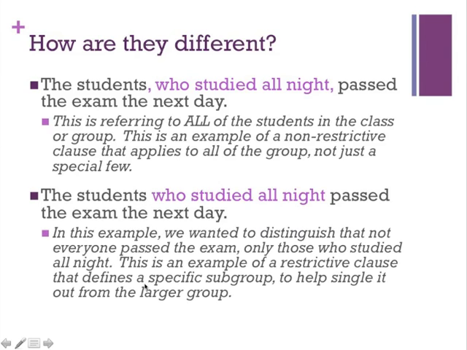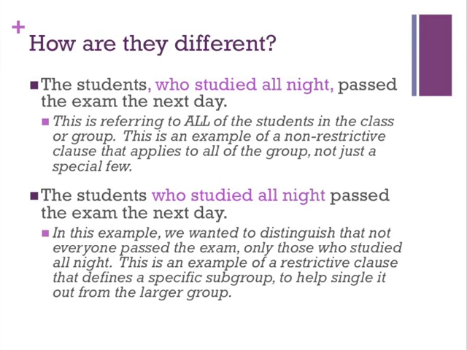So in this case, we want to distinguish this group from other people who did not pass the test. So now we're actually creating two different groups, those who passed, or those who studied all night, and those who probably didn't. And in this case, those who studied all night passed the exam, whereas those who didn't study probably did not pass.